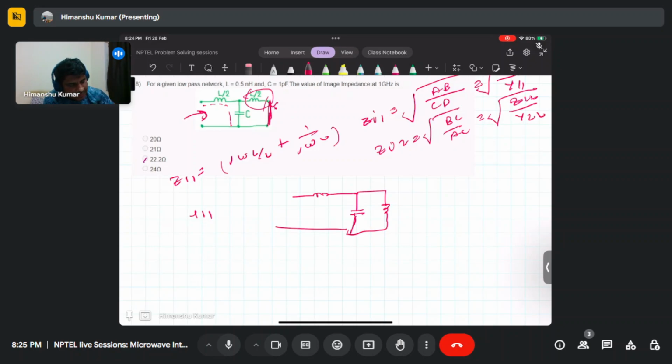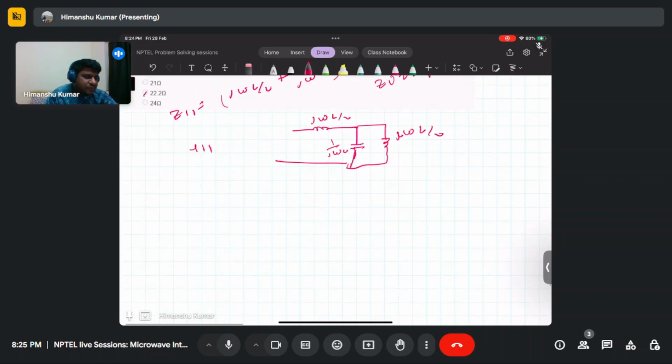So this will become j times omega L by 2, and this is 1 by j times omega C. So basically you can calculate the equivalent admittance, and that will be equal to your admittance.